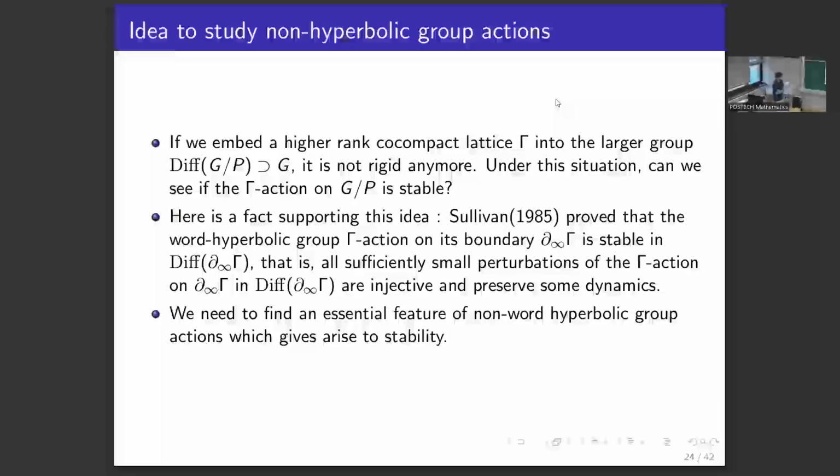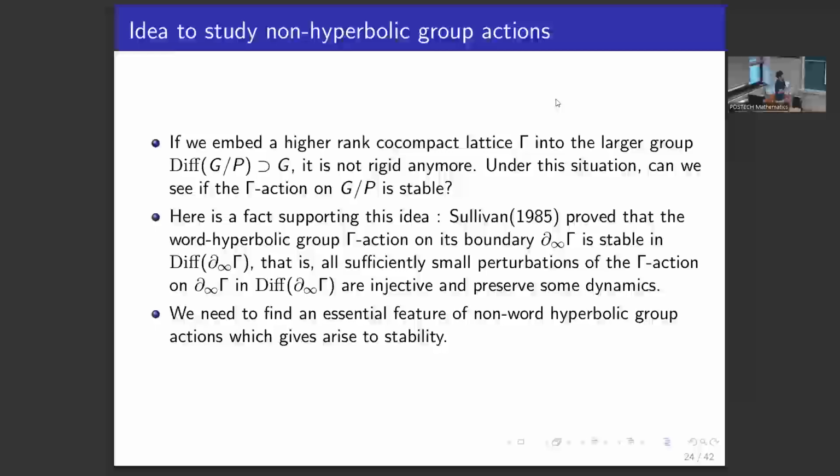Let's take the co-compact lattice gamma in a higher rank semi-simple Lie group and embed it into a larger group, okay? Like the diffeomorphism group of G mod P. Here P is the parabolic subgroup of G. You can think of G mod P as some kind of boundary of the symmetric space.